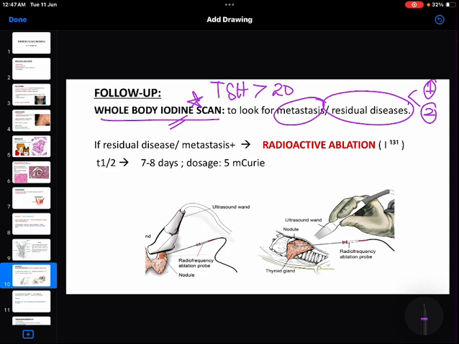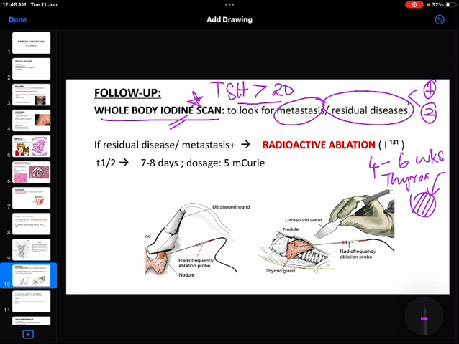But for this we have to wait for 4 to 6 weeks. We don't give thyroxine to this patient, so that these cells starve for iodine. For 4 to 6 weeks we wait until the TSH level is more than 20, and then we perform the whole body iodine scan.